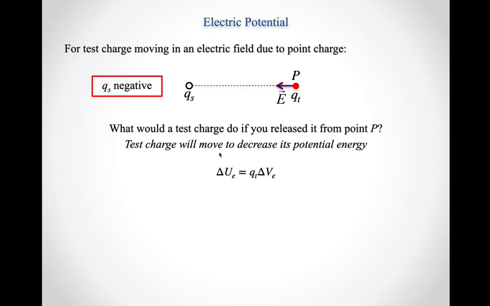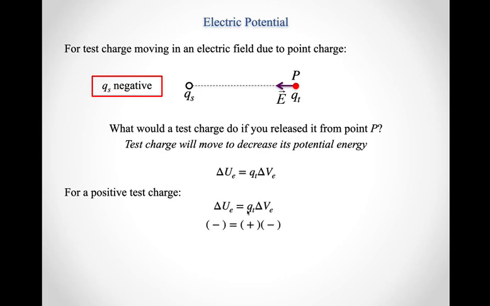So let me rewrite the equation that we had before, where now I've got the change in the potential energy is equal to Q_T, the test charge that I'm moving around in the electric field. So this is the test charge whose potential energy I'm changing, multiplied by the change in the potential, the electric potential, between the 2 points in space that that test charge is moving between.